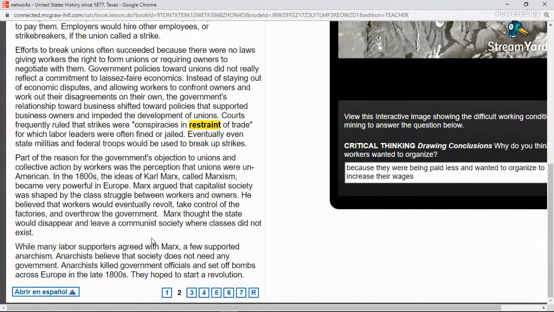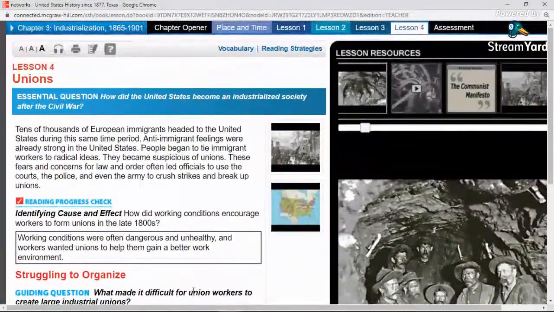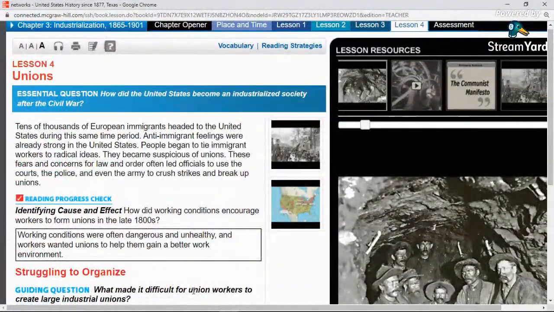Next year, you can have government class with me and we can talk about that. Anarchists killed government officials, they set bombs all over Europe, and they really wanted this revolution. And that's very different than what the American laborers wanted. They wanted their rights, even though they also agreed with Karl Marx.